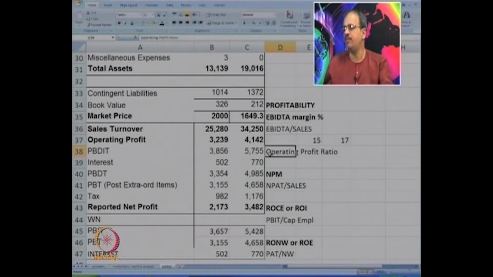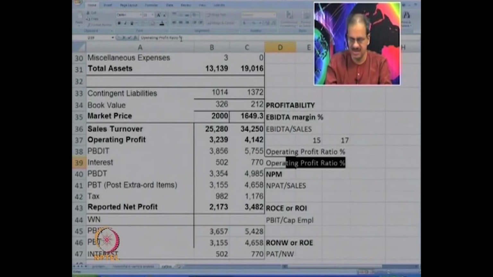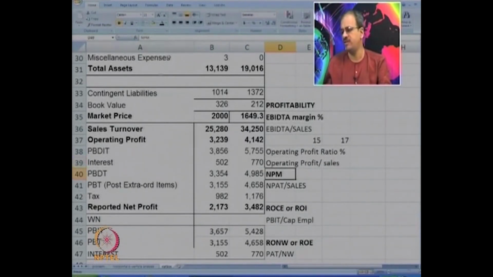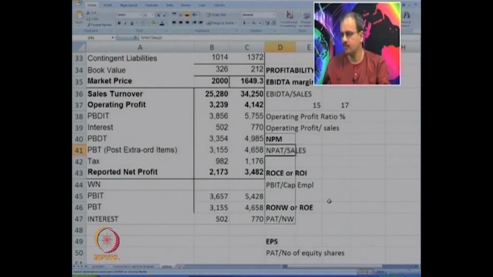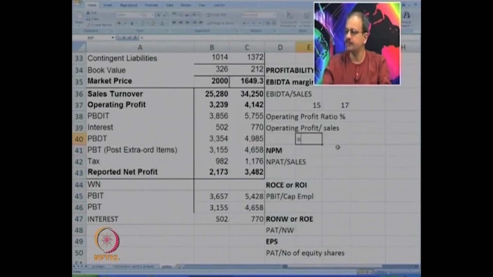We have already calculated EBITDA margin. Now, we are trying to calculate the operating profit ratio or the percentage of operating profit. As the name suggests, it is operating profit divided by sales into 100 always. So, operating profit is available, divided by sales into 100. I will try to redo it.